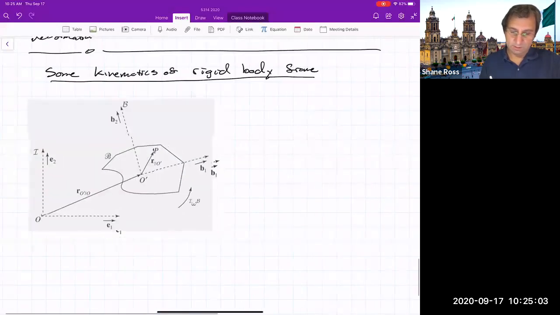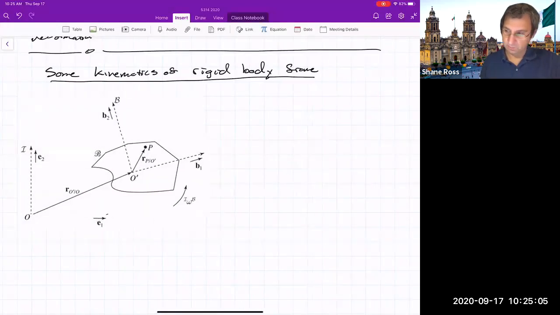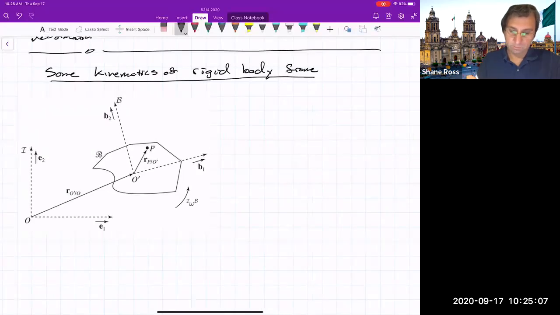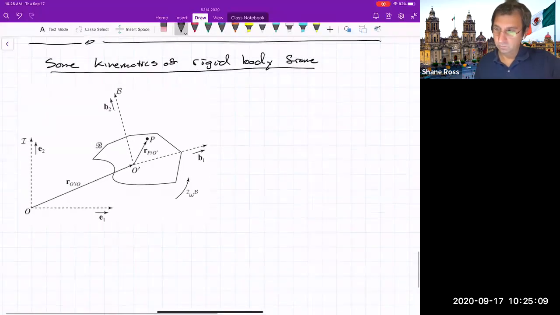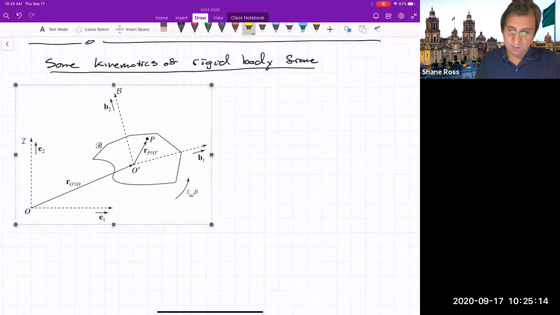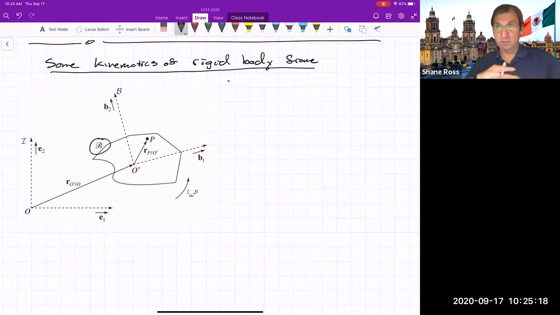Here is another figure from the book. So we've got a rigid body, which the book writes as script B. Think of that as the collection of particles.